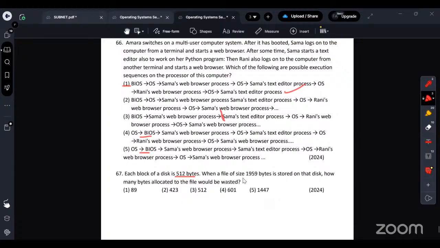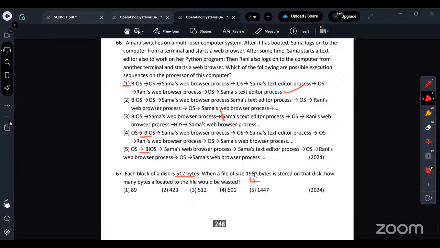So how do you do it? 1959 divided by 512. You won't get a full whole number. Instead, you have to round it up. So when you round it up, you'll get 4 blocks. So 4 into 512 bytes is 2048 bytes.